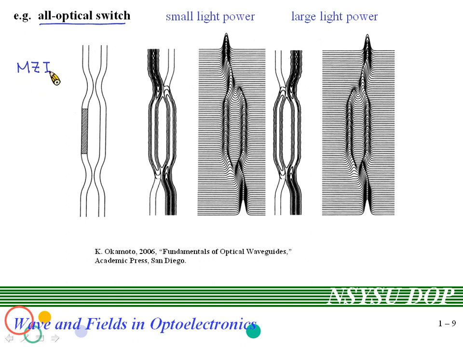For the MZI, we will learn it in chapter 2 or chapter 3, I forgot. Okay, this is a Mach-Zehnder interferometer, and light power is launched into this port, and this part is a 3 dB coupler, which will separate the light power into two paths. This 3 dB coupler will equally separate the power into two paths. And these two paths have different material. Here, we have nonlinear material.